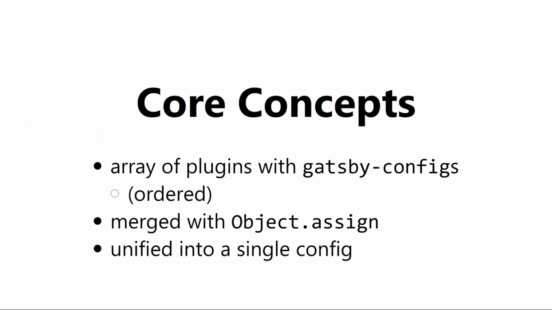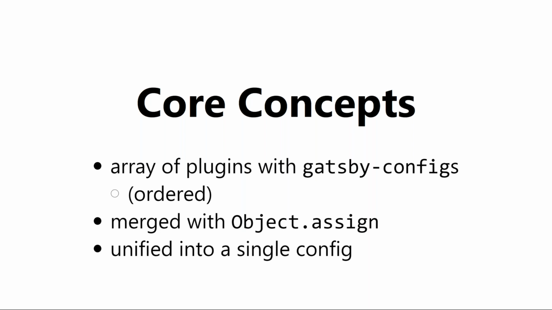So the core concepts here are when you use themes, what you effectively get is an array of plugins which may or may not have Gatsby configs. These plugins are ordered, so they always come in the same order, and you can rearrange that order in your Gatsby config if you need to. The order is important because they're merged with object.assign. And in some cases, like plugins, they get concatenated, right?